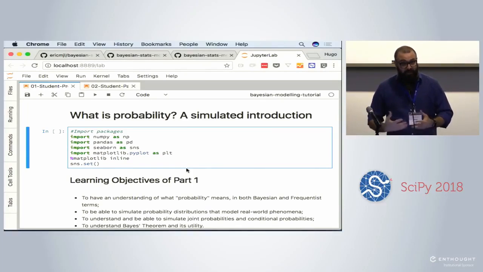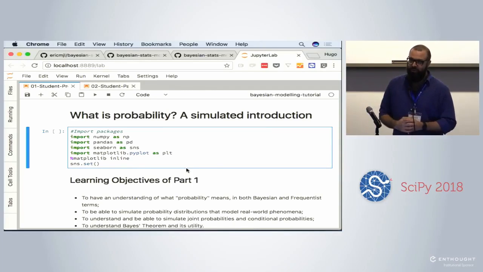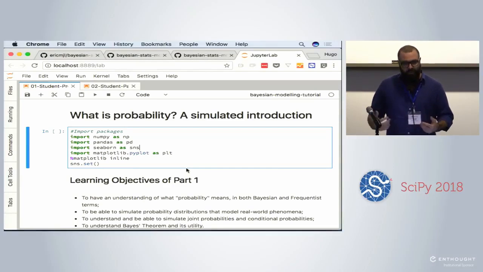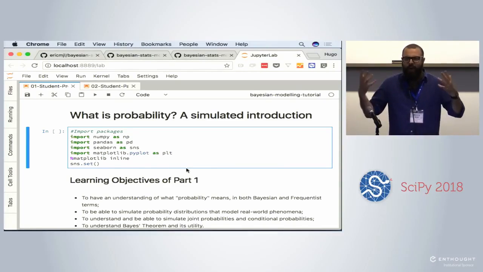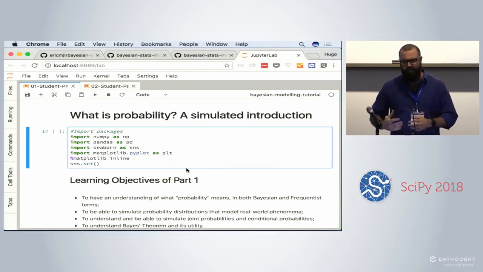Then we're going to start really thinking about Bayes' theorem and Bayesian inference and the basic ideas of priors, likelihood functions, and posteriors. We're going to do that using random number generators, but then we're going to jump in and start using PyMC3, which is, as we'll see, a probabilistic programming language that allows us to express how we think about Bayesian inference very beautifully in code with an API that really reflects how we think about it.